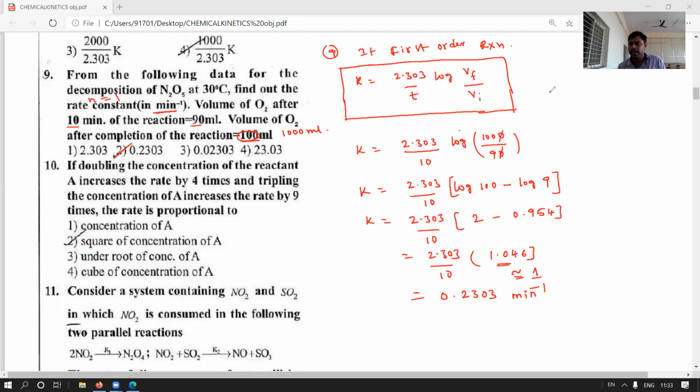Finally O2 is 1000 ml, which we consider as initial. At 10 minutes, 90 ml is formed. So this value becomes almost 1. Then 2.303 by 10 is equal to 0.2303 minute inverse.